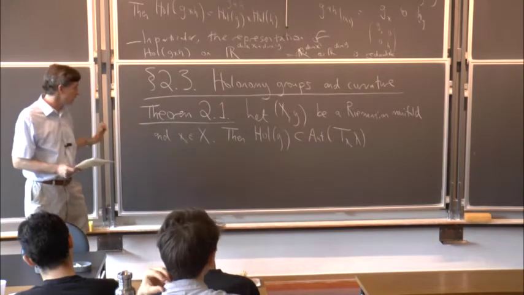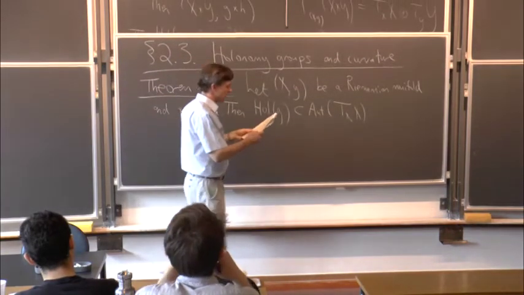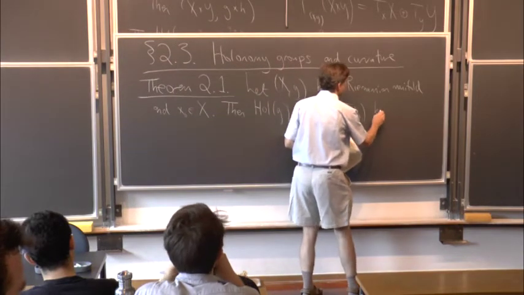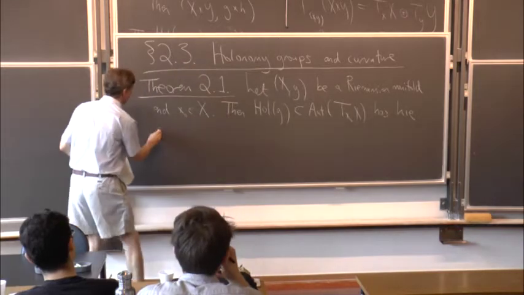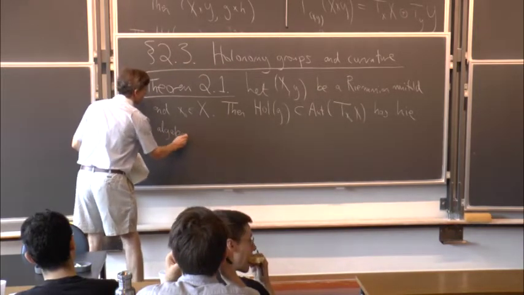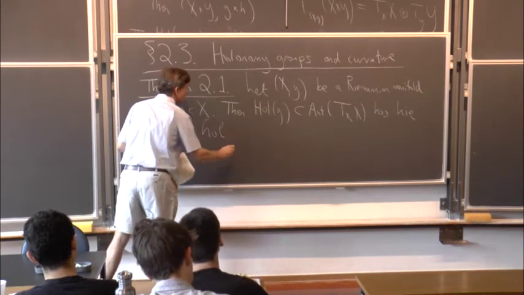This is a Lie group, a Lie subgroup, so it has a Lie algebra, which I'll write as curly hol of g.